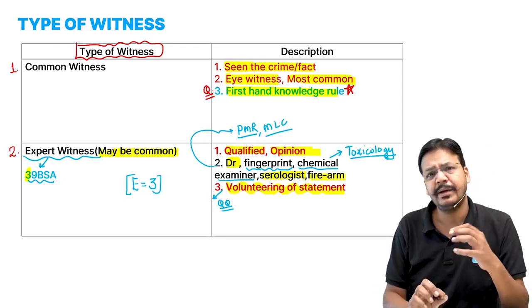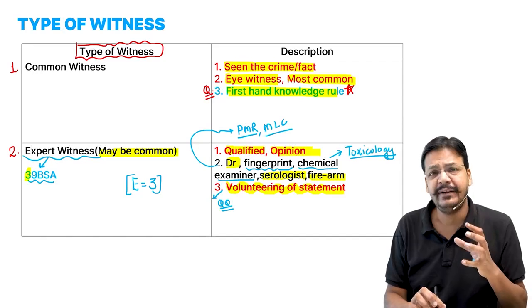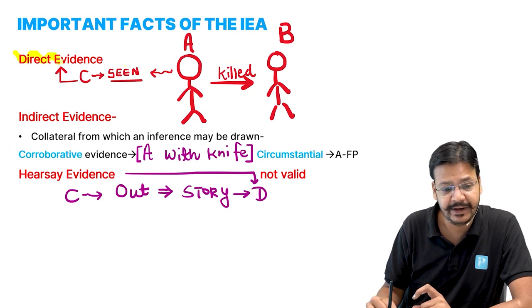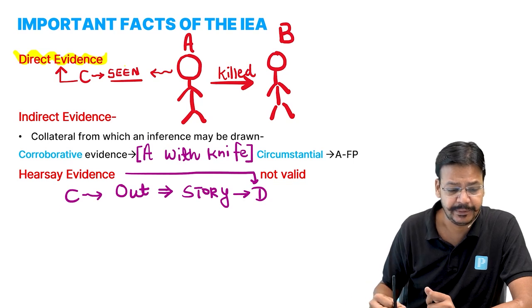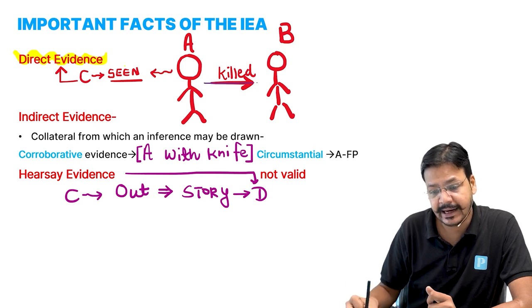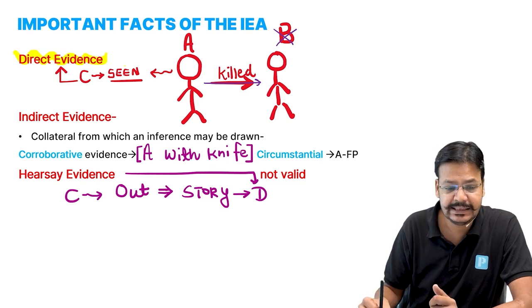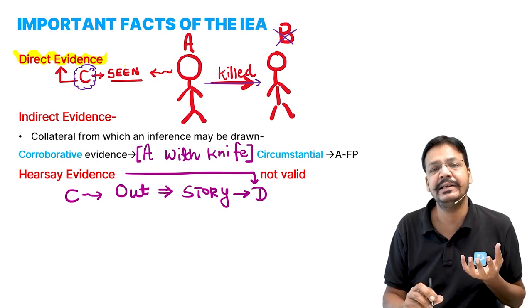Now, sir, I'm coming to a few types of evidences. These evidences are very important. Number one is direct evidence. So what is direct evidence? A very simple example, if you have seen the slide: A killed B, and C has seen the crime.